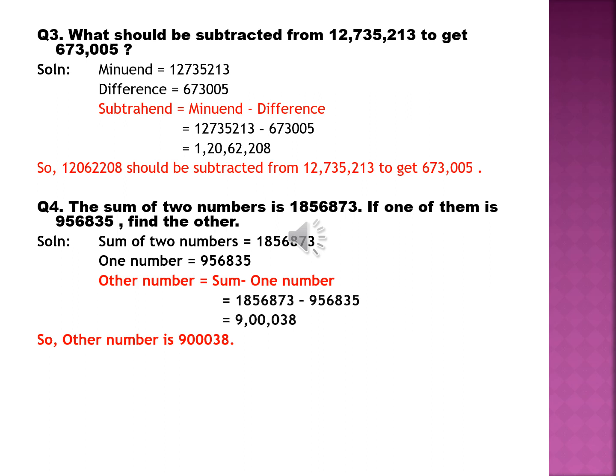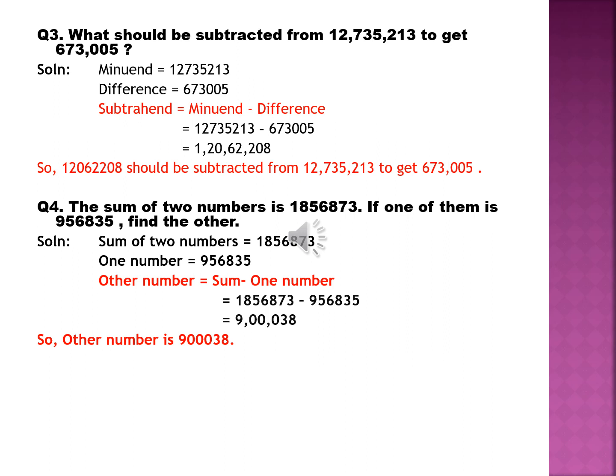Next question, question number 4. The sum of two numbers is 1856873. If one of them is 956835, find the other. Now in the question, the sum of two numbers is given to you. One number means one addend is given to you, and you have to find out the other addend.